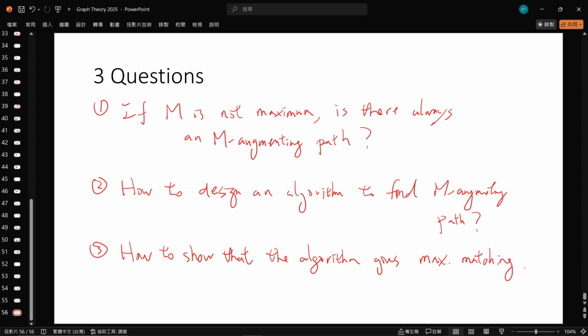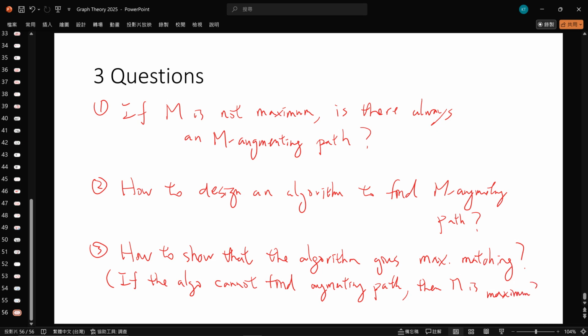Since our algorithm just keeps finding augmenting paths, for the third question, it's like when the algorithm cannot find an M augmenting path, is it true that the matching we have is already the best?